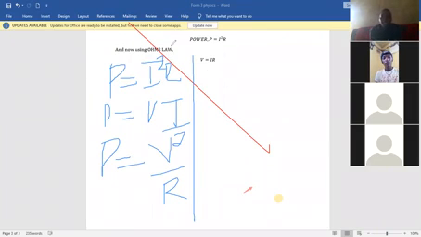Once you multiply here by T, it becomes what? Heat energy supplied by the heater. Are you together?